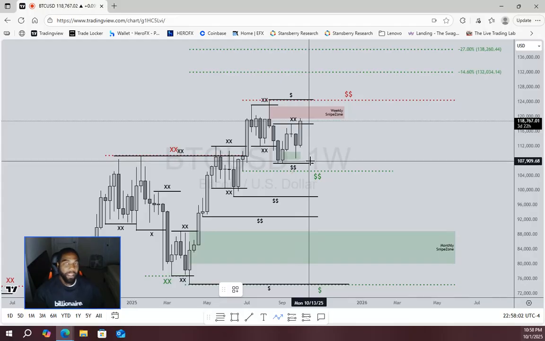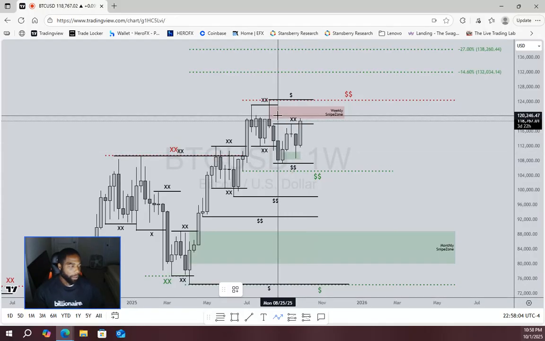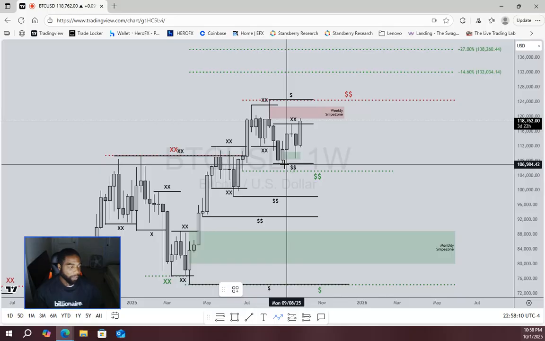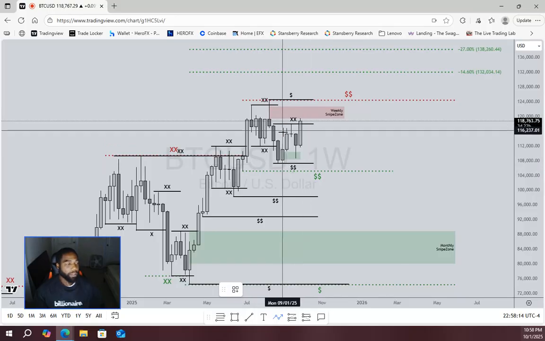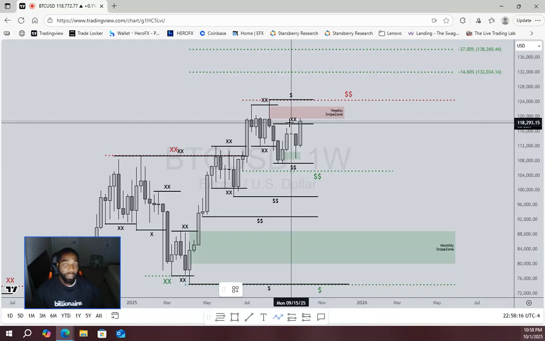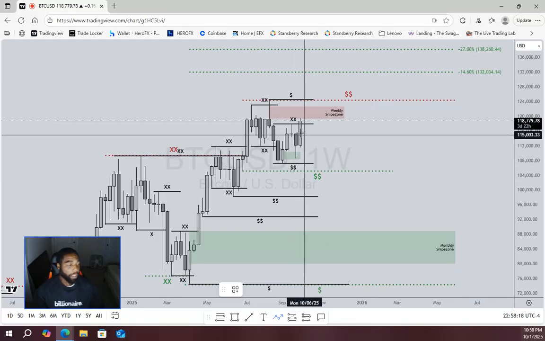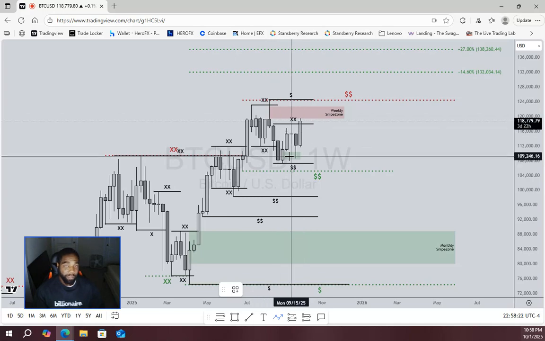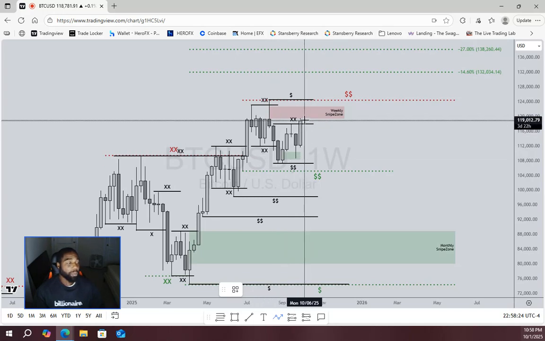And the name of the game is, if price creates a bearish expansion followed by a retracement, price will establish equal highs and equal lows. And after a bearish expansion, we will want to see price target the equal highs first that price has produced in that retracement.